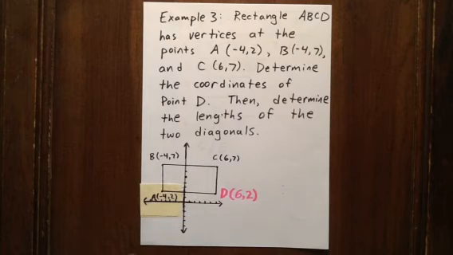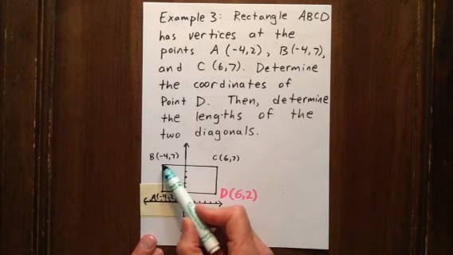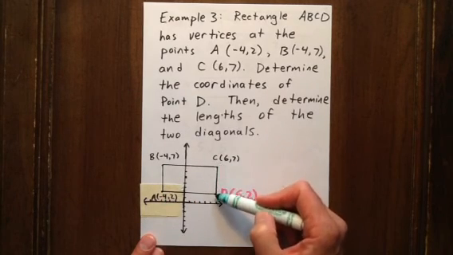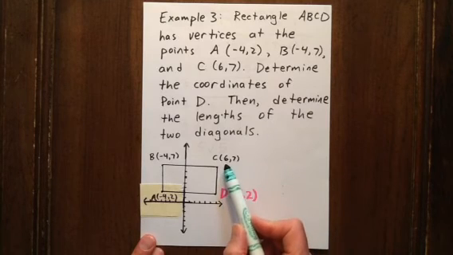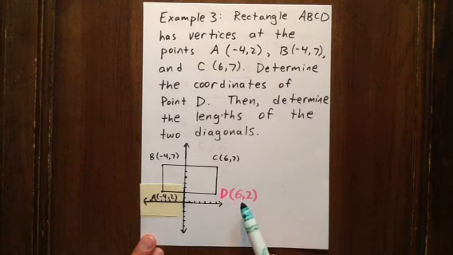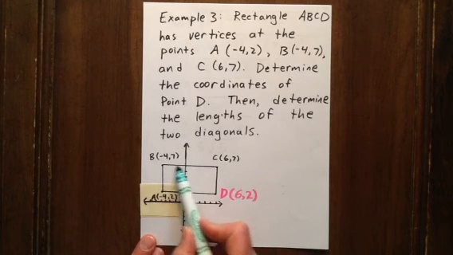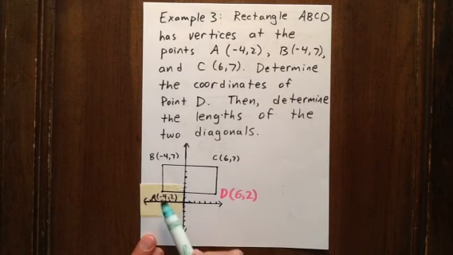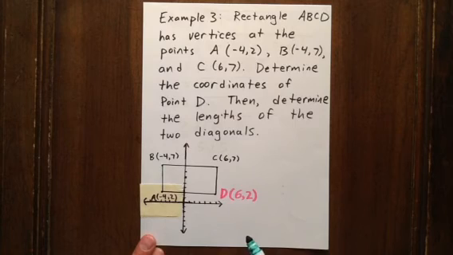Well, we have a vertical line on this side with x values of -4, so we're going to have a vertical line on this side, and since the x value of this point is 6, the x value of this point should also be 6. Similarly, on the top we have a horizontal line with y values of 7, so that means down below we should have a horizontal line with y values of 2, because the y value was determined by this point right here.